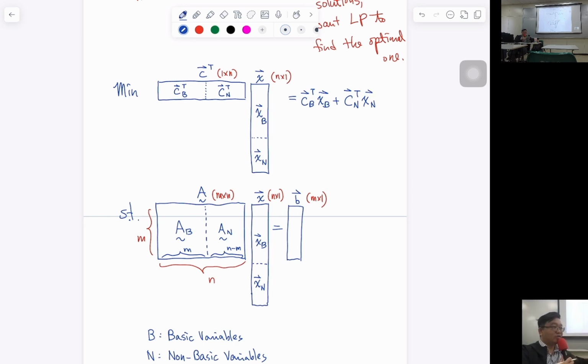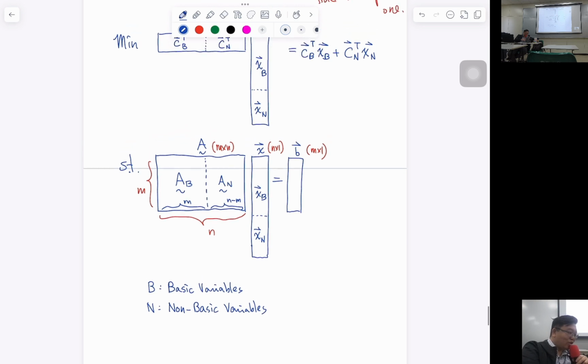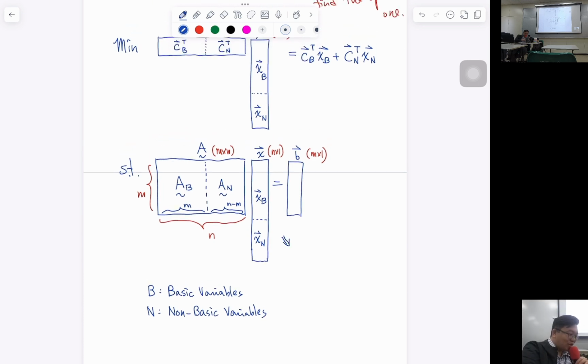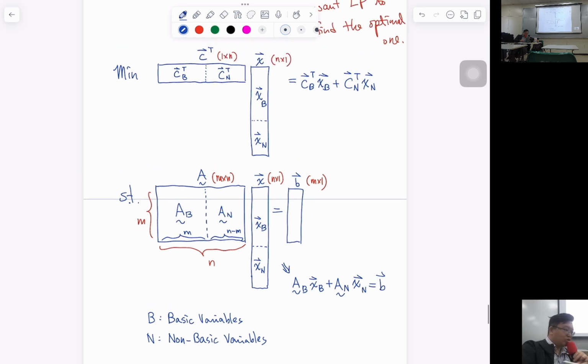Think about it. Is it correct? Alright, we can do that. So for the constraint at the bottom, actually it's going to be AB xB plus AN xN equals to small b. We can do that.